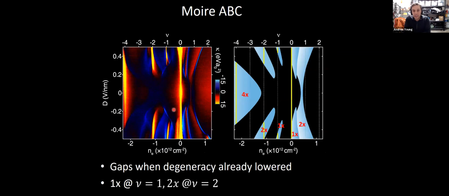And so the picture is relatively clear when you think about it. This is a sort of schematic of the physics and where we have broken symmetry states with no moire. And what we can see is that you get gaps in a moire sample whenever you had a broken symmetry state without a moire. Now you turn on a moire, and if you had a one-fold degenerate Fermi surface, you will get a gap state at 1 hole per unit cell.